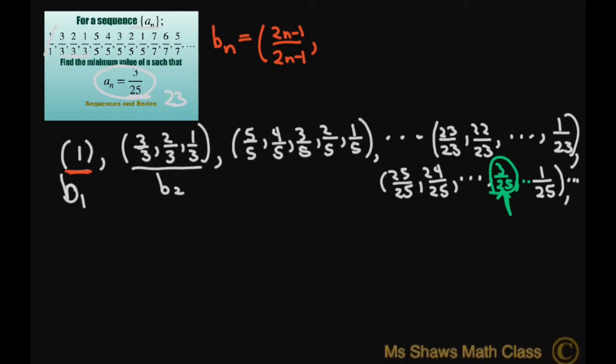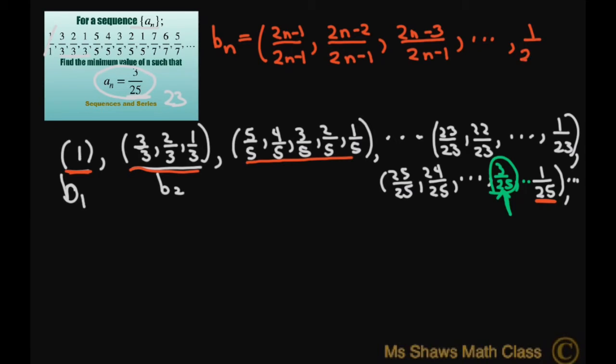Then the next one is 2n minus 2 divided by 2n minus 1, and then 2n minus 3 divided by 2n minus 1. We go dot, dot, dot all the way to the end, which would be 1 divided by 2n minus 1. All right, so that's our formula.